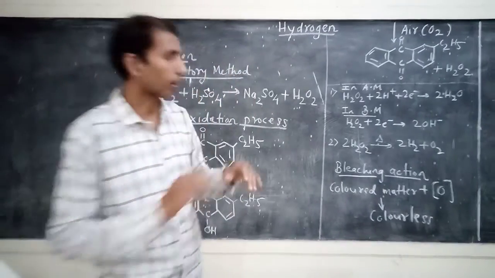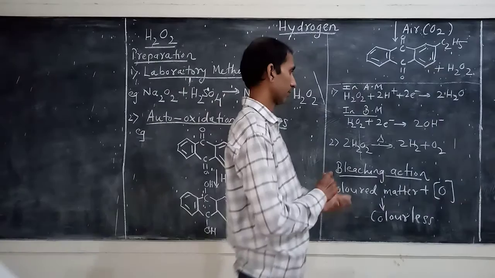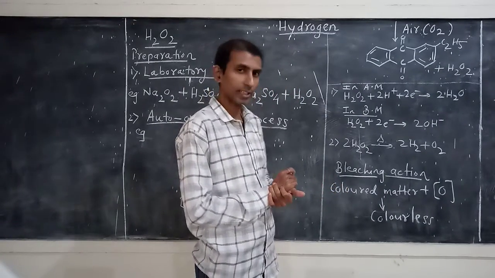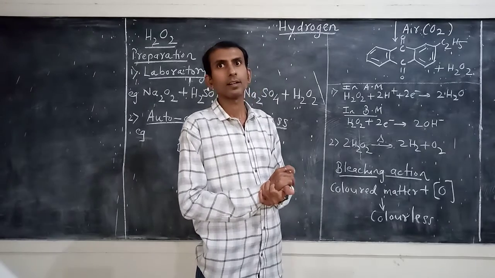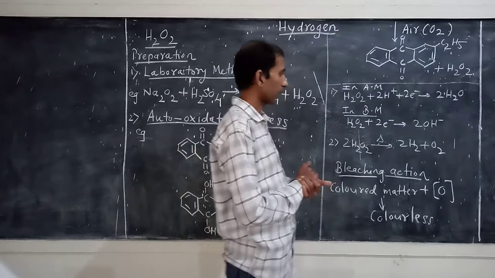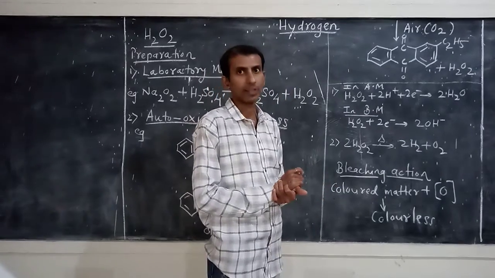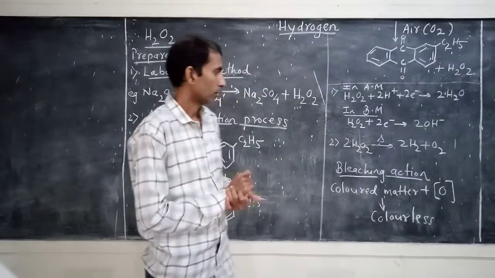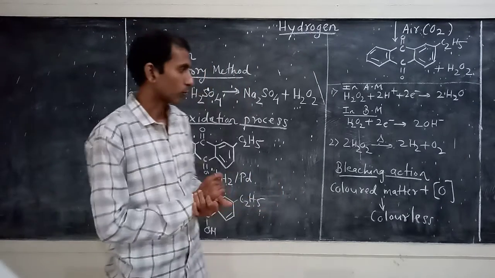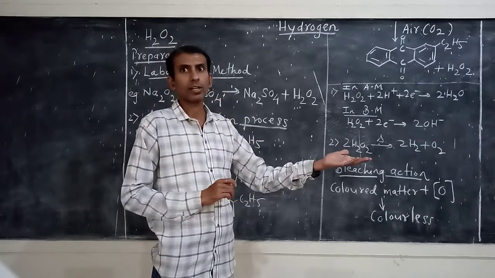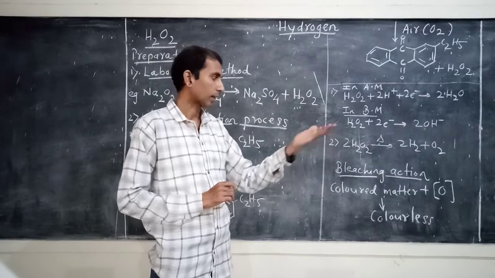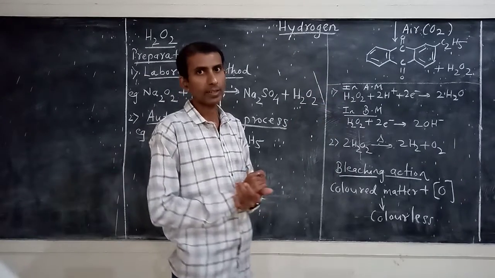Decolorized means you will get a colorless white matter after reacting with the nascent oxygen produced by hydrogen peroxide. So such type of reactions are called bleaching reaction or reaction showing the bleaching action. Okay, so bleaching means you are getting the product in the form of colorless matter or white colored matter.